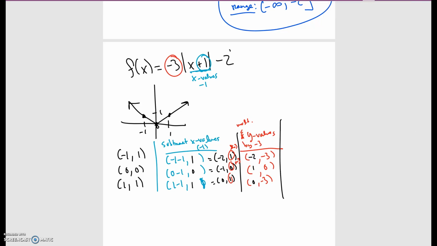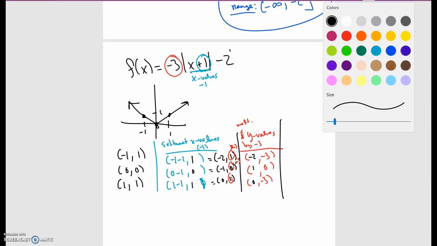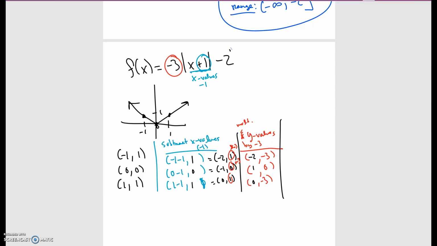Okay, now this -2, which I'm going to label with, I don't know, this one. This -2, I'm going to subtract the y values by 2. So every single y value, I'm going to subtract 2.